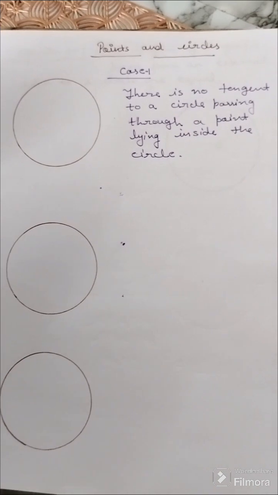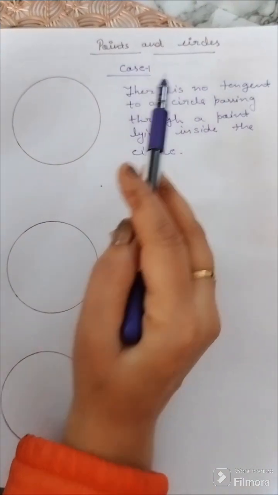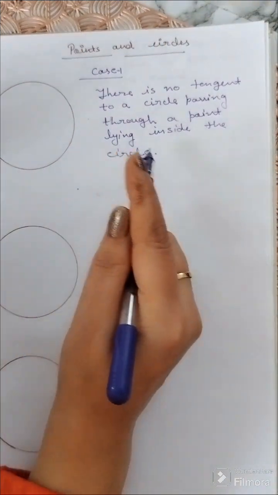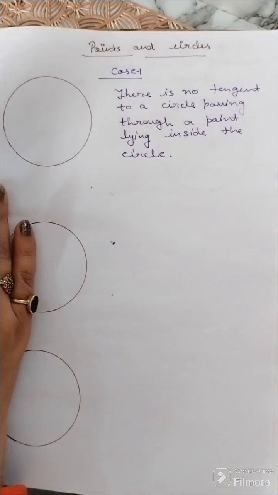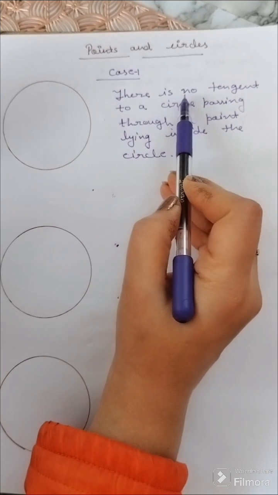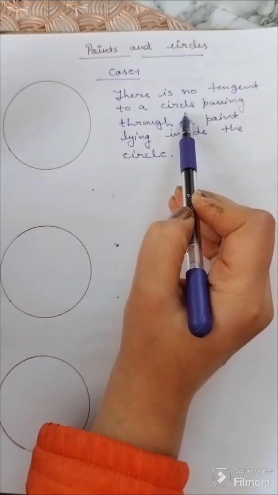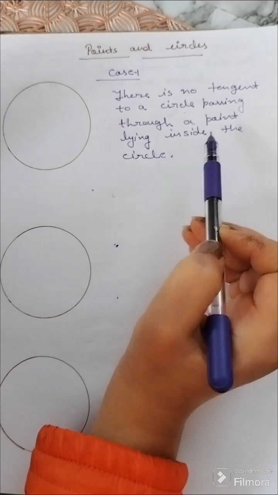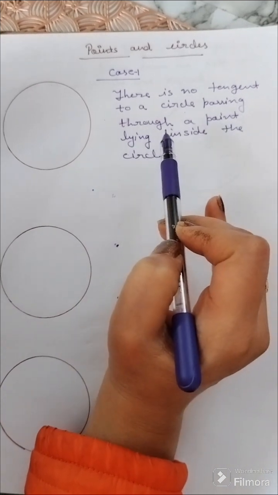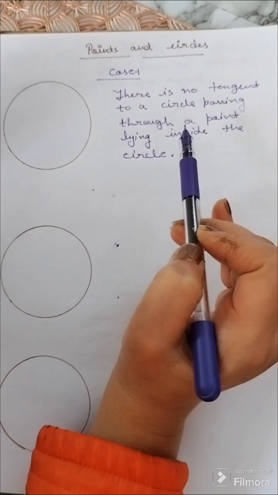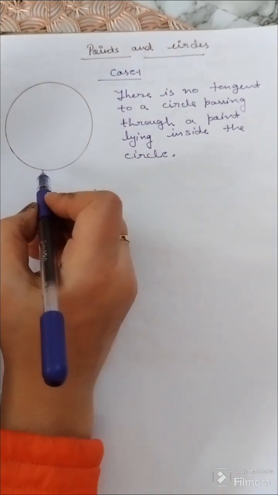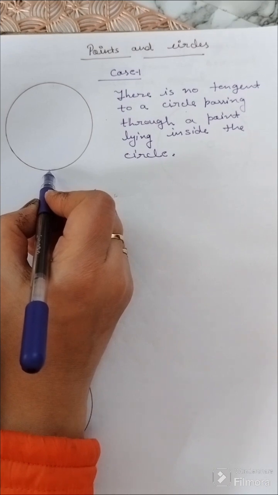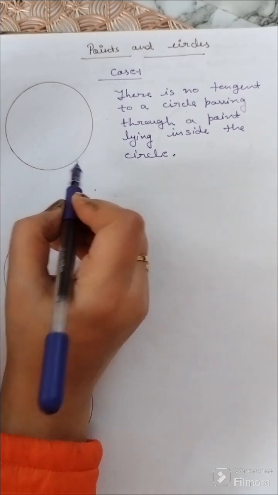Now we'll discuss about points and circle, which is very much there in your class 10 NCERT book. So case 1 is there that there is no tangent to the circle passing through a point lying inside the circle. See, we have already studied about what exactly a tangent is. That for a tangent, the point is supposed to be there on circumference only. Why we are saying it?